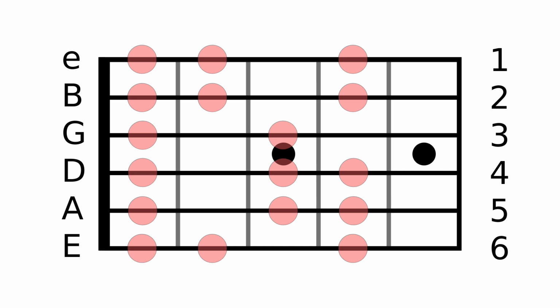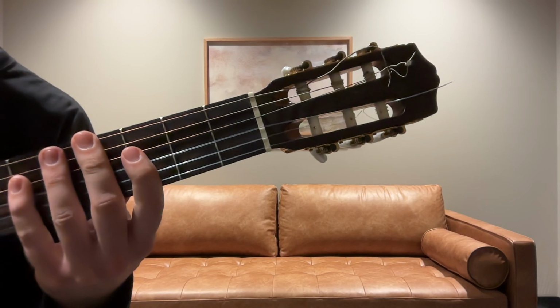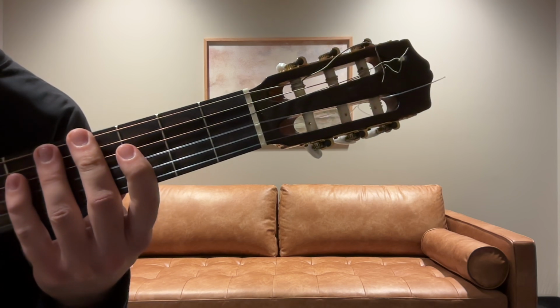So here is the fretted position of the C scale shape. Here we go. There we go. The C scale and chord shapes together in their box.